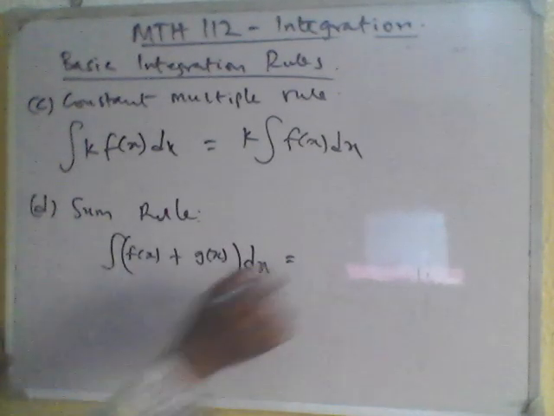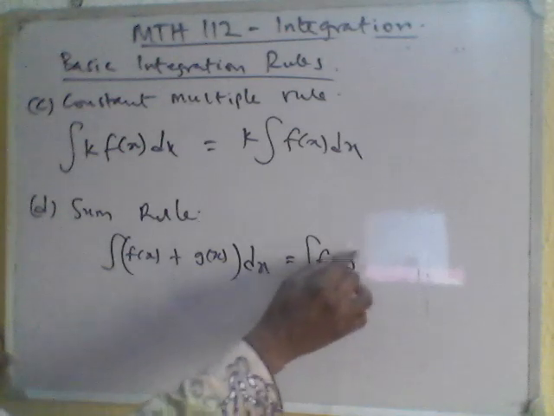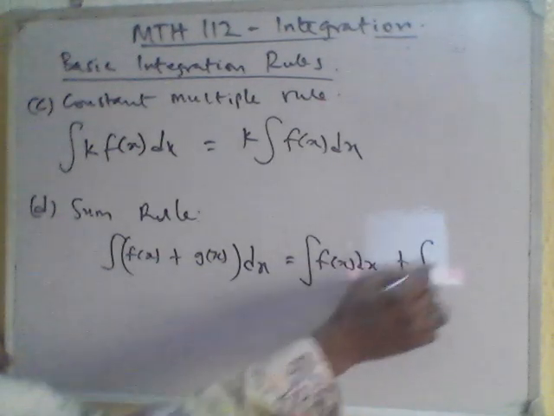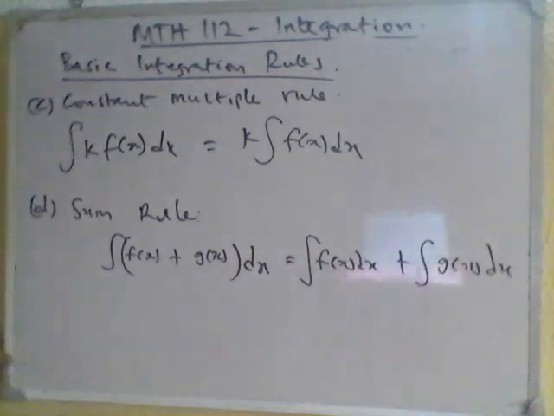So it's the same thing as saying the integral of f of x dx plus the integral of g of x dx. What this is just saying is that I will integrate them one by one. So let's dive into some examples and apply all these things that we are just learning.